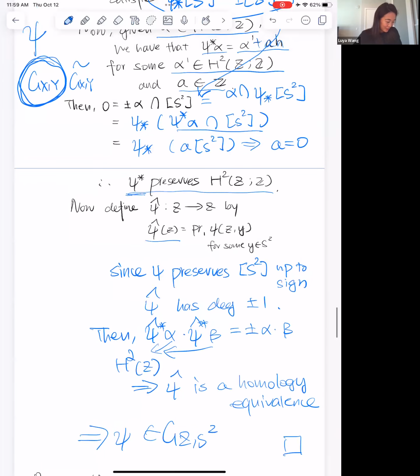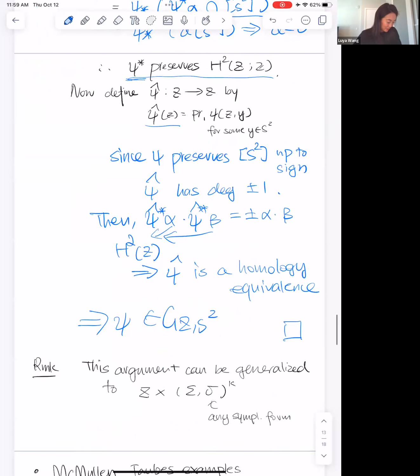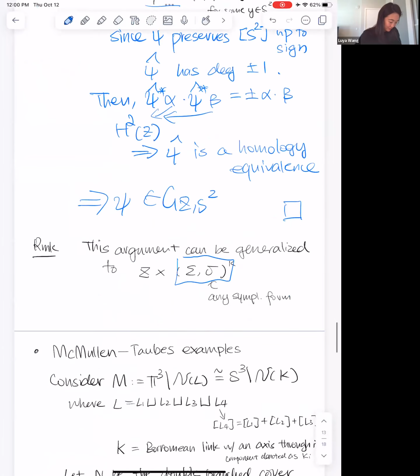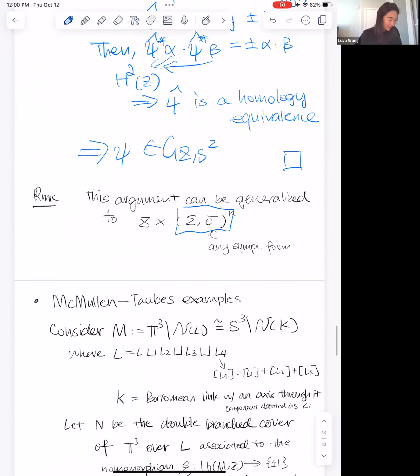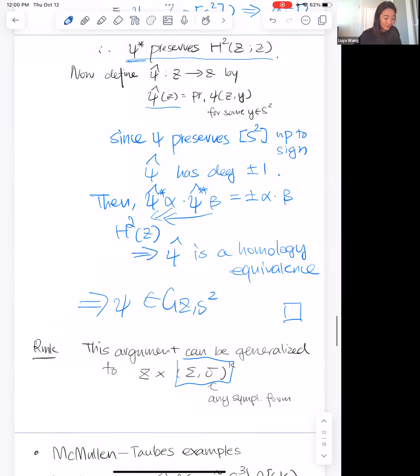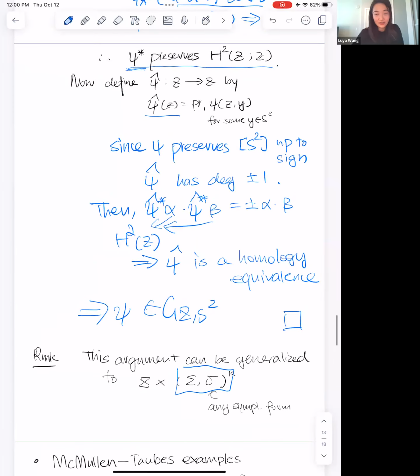The remark is that this argument can be generalized to stabilizing with other Riemann surfaces, also arbitrarily many times. The algebraic topology gets a little trickier, but it's essentially the same argument. Any questions for Ivan Smith's example?